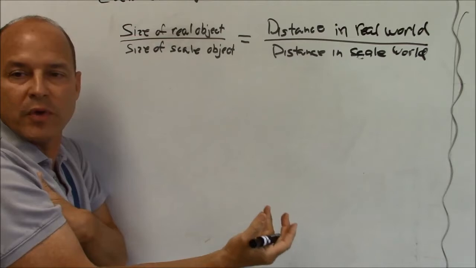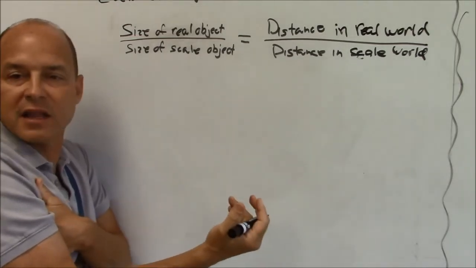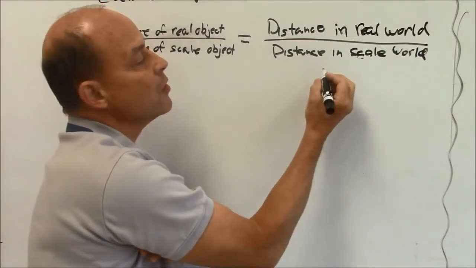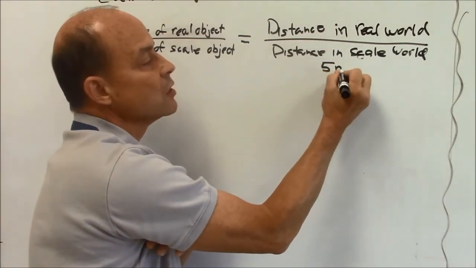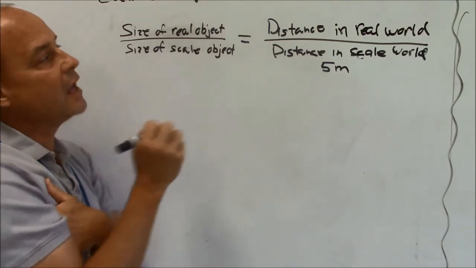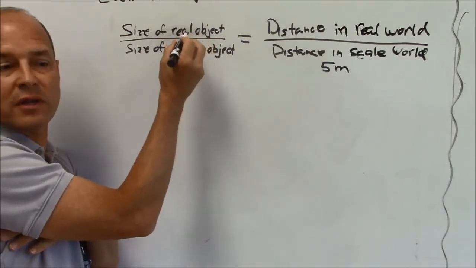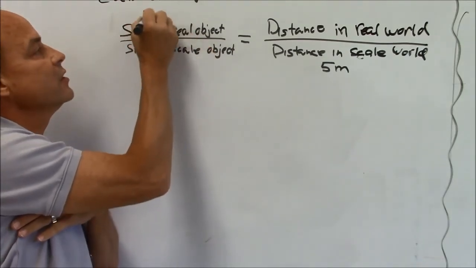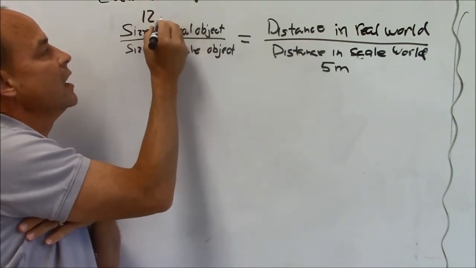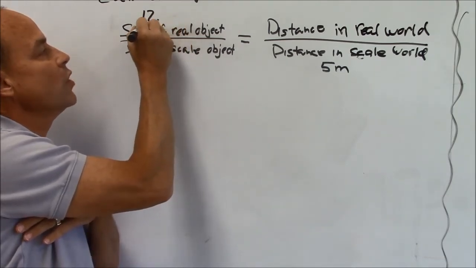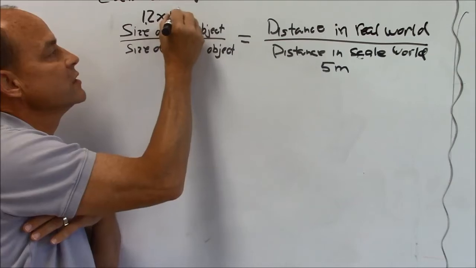Now how does that help us not make a mistake that we have to go back to the drawing board for? She says, "Well, honey, you know that the distance in the scale world can be no larger than 5 meters. Right? And you know what the size of the real object is." The size of the Earth is 12 point something million meters, so that's 1.2 times 10 to the 7.